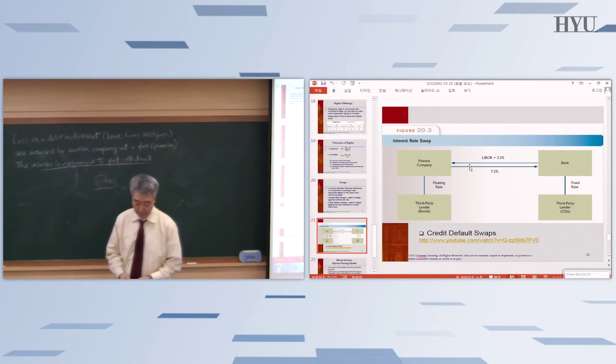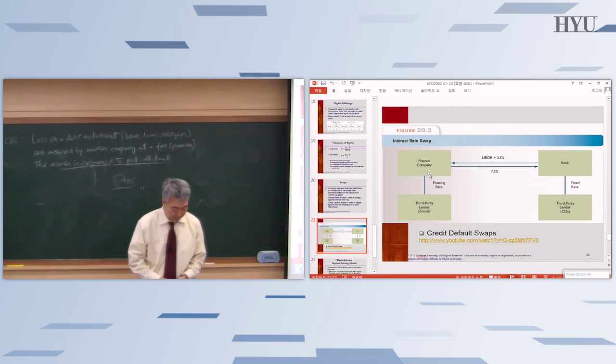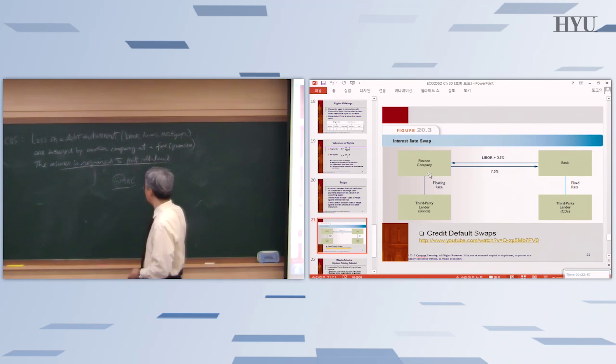Anyway, let's say here's a finance company, and they borrow at a variable interest rate, or floating rate, and they lend at a fixed rate.